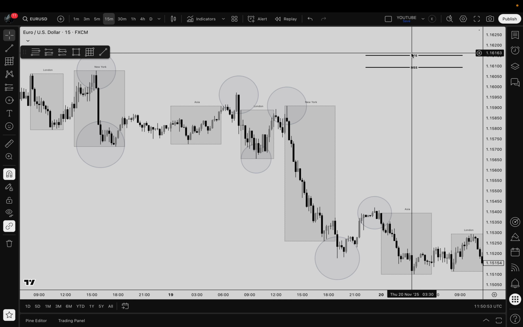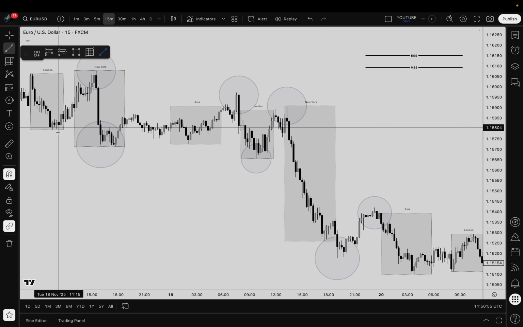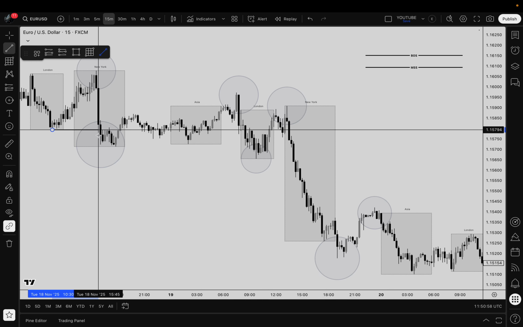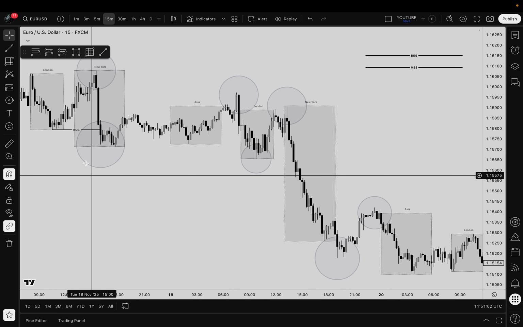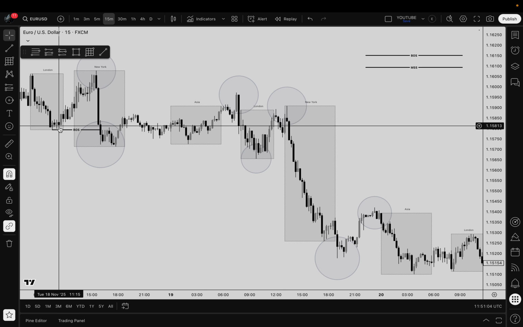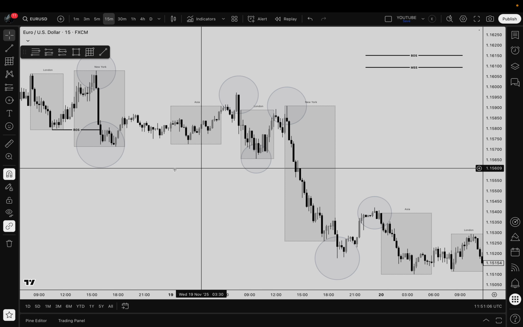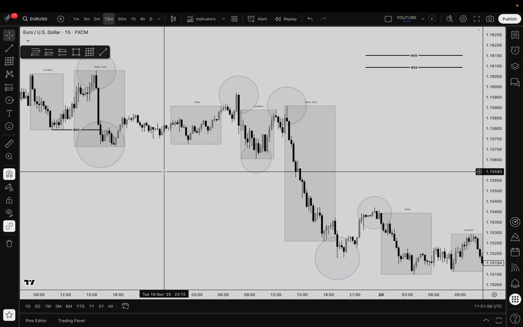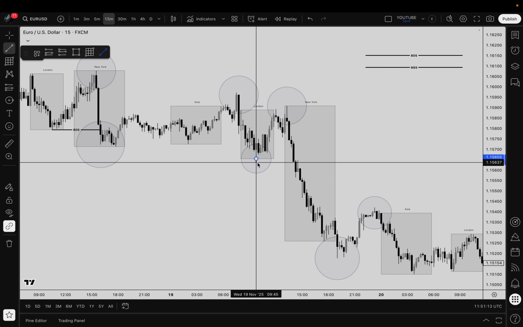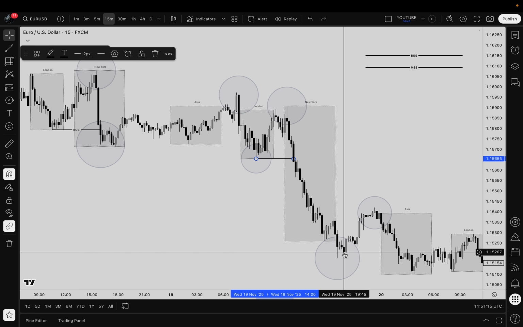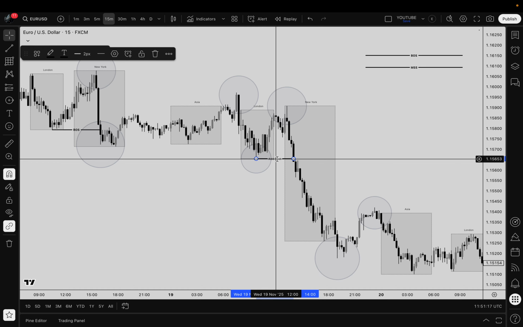Okay, so break of structure pretty much is just following the continuation. So here is a break of structure because we've broken the previous lower low in this downward trend, this bearish trend. It's a break of structure, okay? Again, here we've broke this low to continue lower and continue our trend.